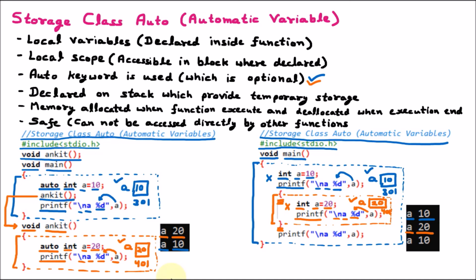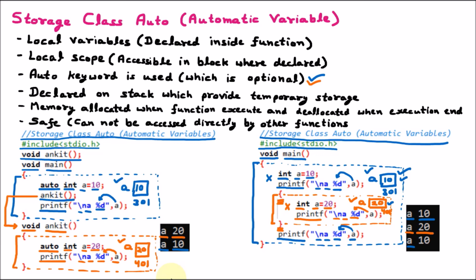Now afterward we are having the next line, but understand that this line is outside the block. So here printf, means print on the screen, \n for the new line, a. So a is printed. Now the confusion can be whether the value will be 10 or 20. Which value will come? The value will be 10, because understand that here we are accessing the a and showing it in the %d, and this a value will be the local.